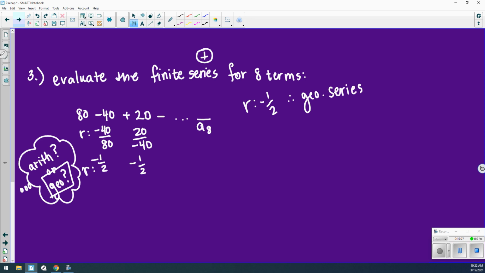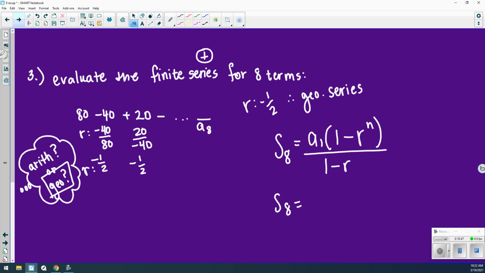And then I flip back in my notes, and I know that if I want to find the sum of 8 terms in a geometric series, I need to know the first term, and then I'll multiply that by 1 minus r to the nth over 1 minus r. Well, I know S sub 8 will be equal to 80, my first term, times 1 minus -1/2 to the 8th power, all over 1 minus -1/2.